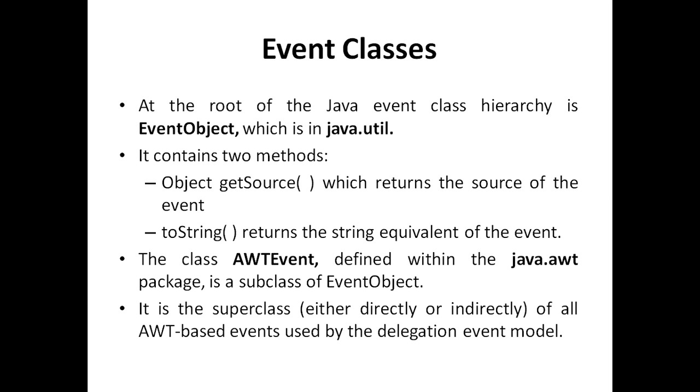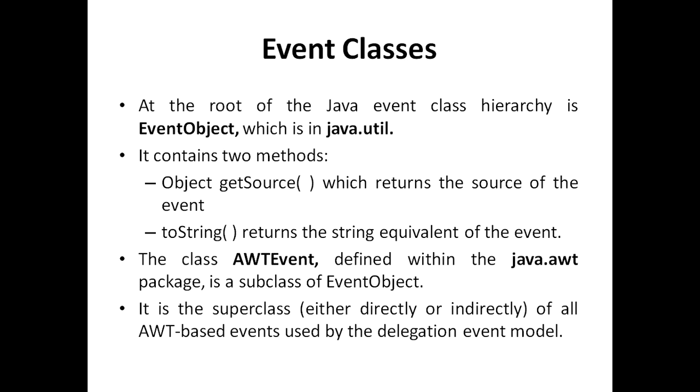At the root of the Java event class hierarchy is EventObject, which is available in the java.util package. This EventObject consists of two methods. One is getSource, which does not take any parameter but returns an object which is the source of the event. Another method is toString, which returns the string equivalent of the event.